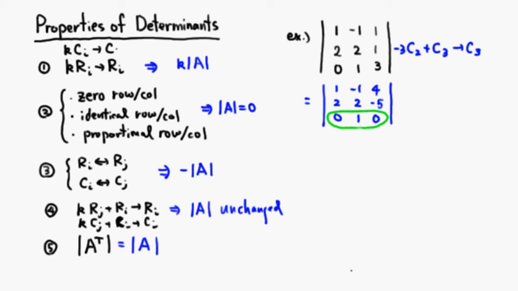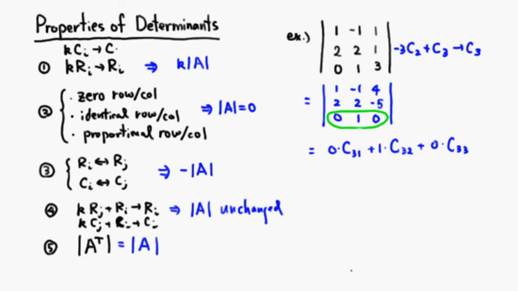Then all you really have to do is this. It is going to be 0 times cofactor 3,1, plus 1 times cofactor 3,2, plus 0 times cofactor 3,3.